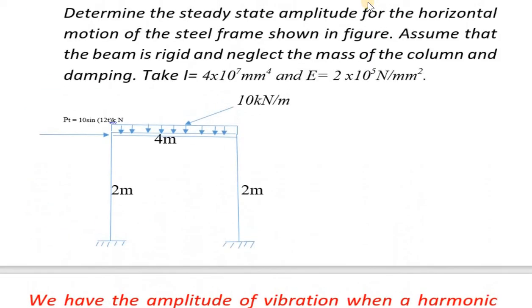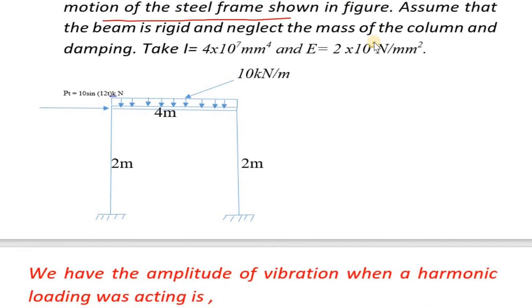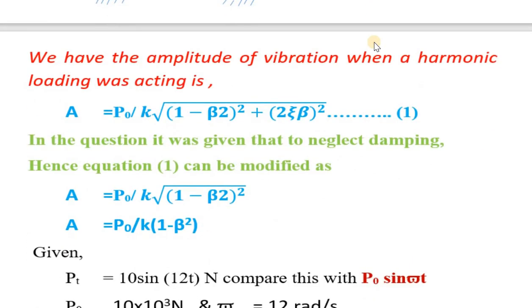Now the next question. Determine the steady state amplitude for the horizontal motion of the steel frame shown in the figure. It is a steady state amplitude, and you can see that damping is not given.